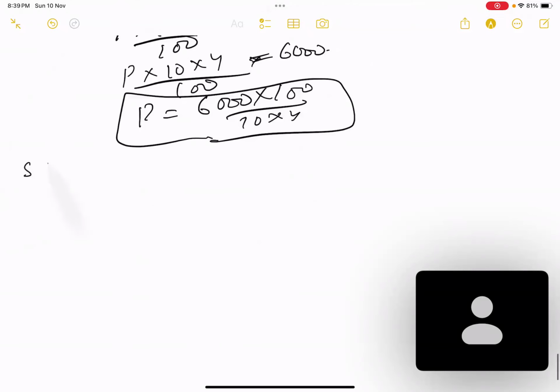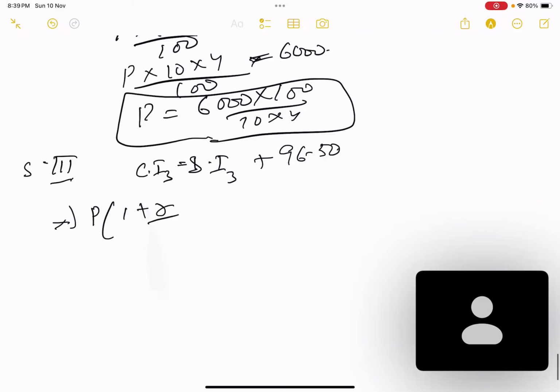Now statement 3 says that the compound interest after 3 years is equal to simple interest for 3 years plus 961.50, right? Compound interest in 3 years is how much? P into 1 plus R by 100 to the power of the number of years, which is 3.